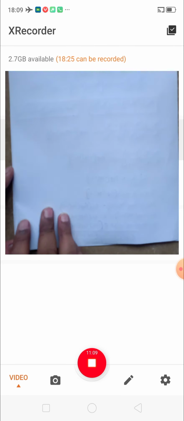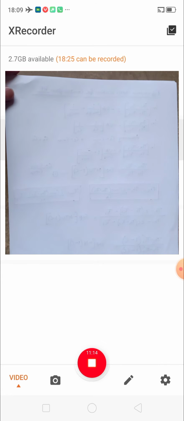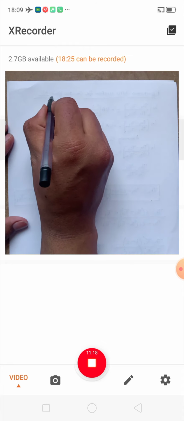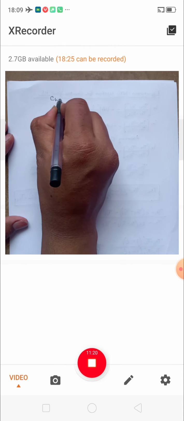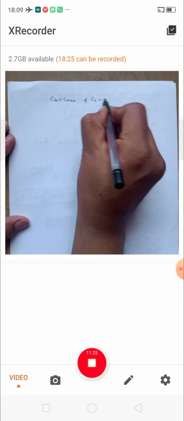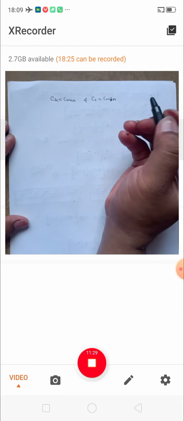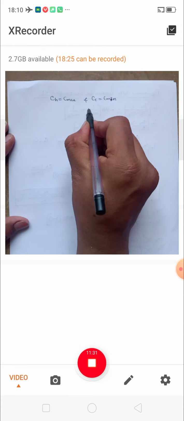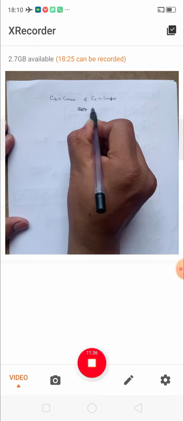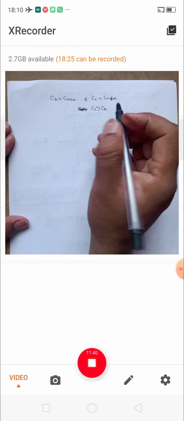So now if I assume CH as C maximum and CC as C minimum, that means here CC is greater than CH, this condition.